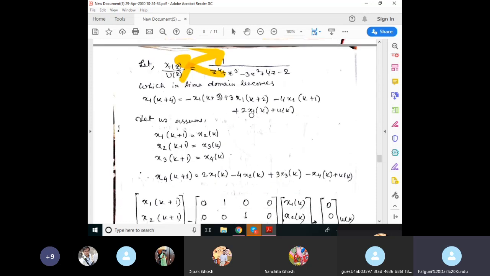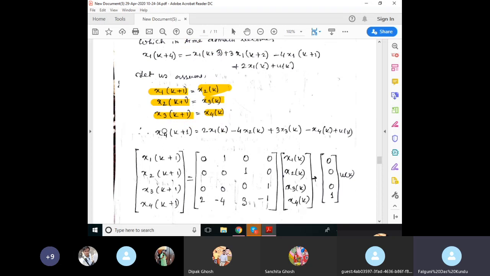So now from here we again consider that x1(k+1) is nothing but x2k, x2(k+1) is nothing but x3k, x3(k+1) is nothing but x4k. Okay, so putting the value of this in this equation, we get x4(k+1) is nothing but 2 x1k minus 4 x2k plus 3 x3k minus x4k plus uk.